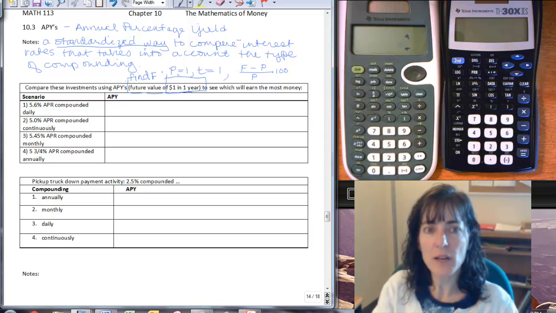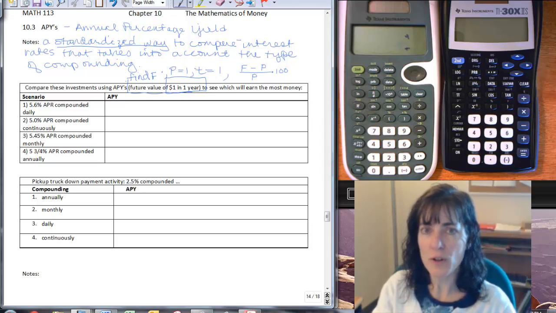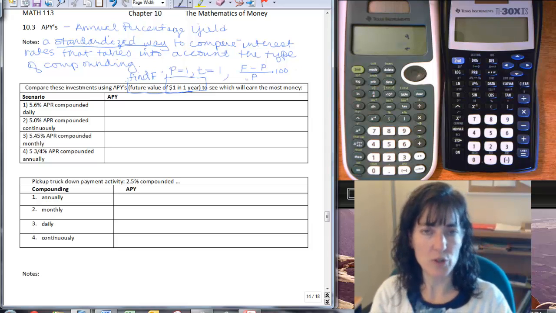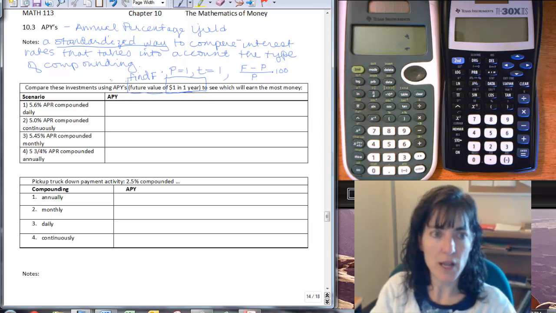But when we're calculating future, we don't use 5,000 or 2,500 or whatever dollar value we might actually be depositing. We're just going to use $1 for the P and 1 year for the time. And then that way we can calculate the percent increase, and it'll be the same measure for each of the different accounts.